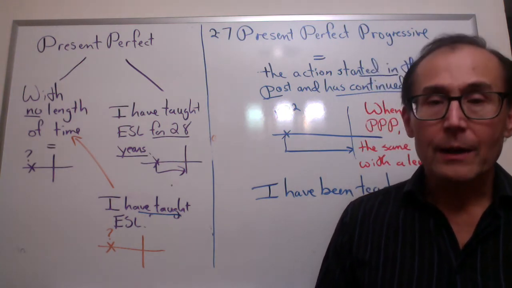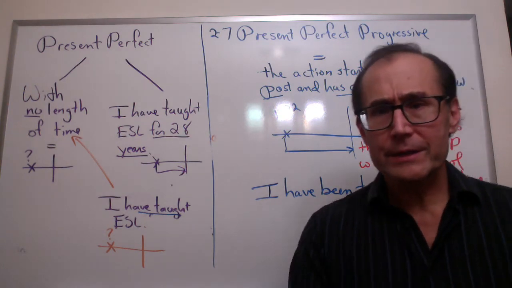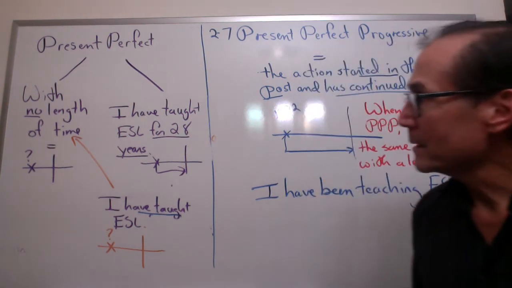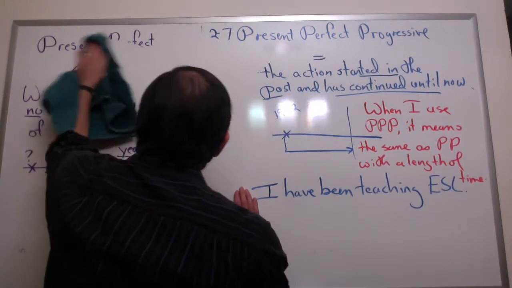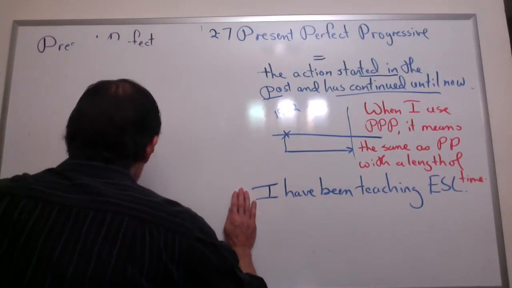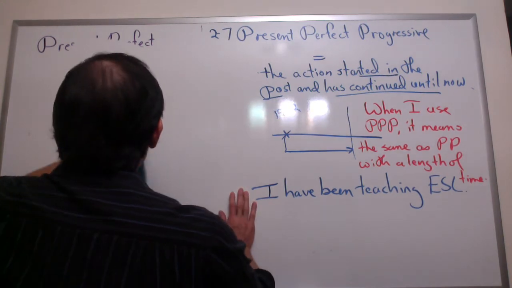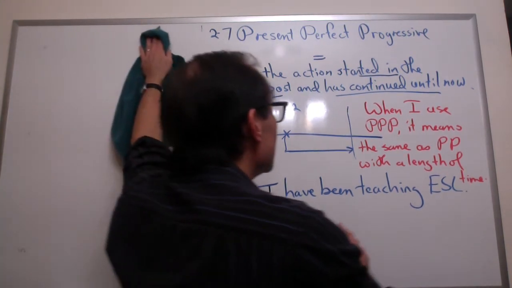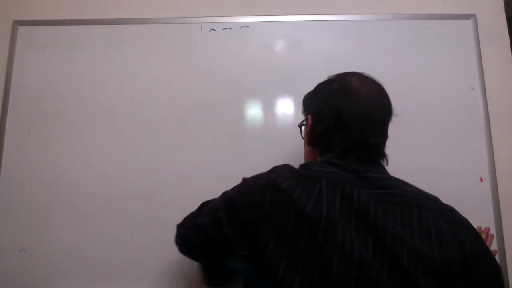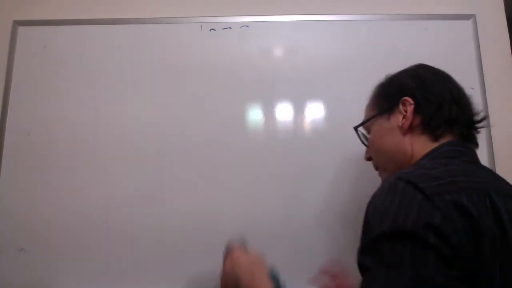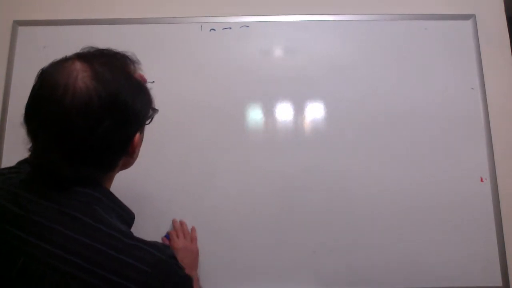So, I'm trying to think if I should give you another example or two. Let's do this. Okay, so we're erasing this. So, I'm going to write a sentence on the board.